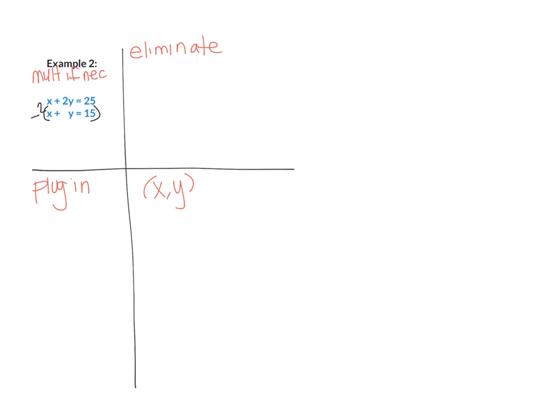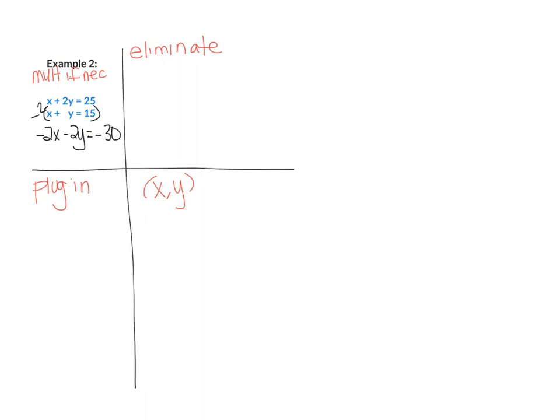So that means I'm going to multiply and distribute here to the first term, the second term, and the third term. So I have negative 2 times x will give me a negative 2x. Negative 2 times y will give me a negative 2y. Negative 2 times 15 will give me a negative 30.